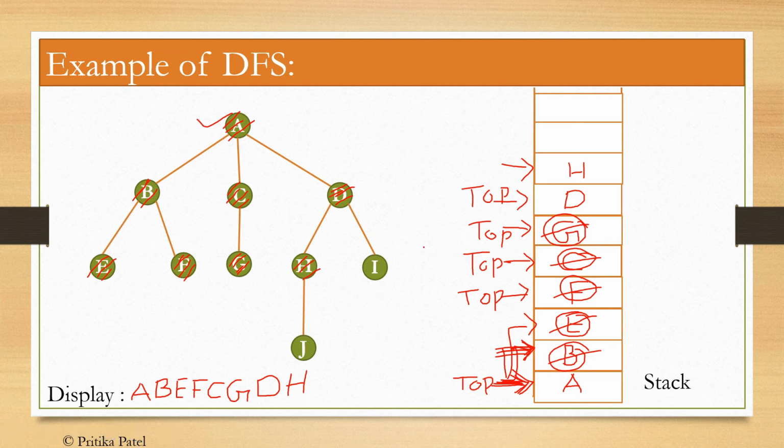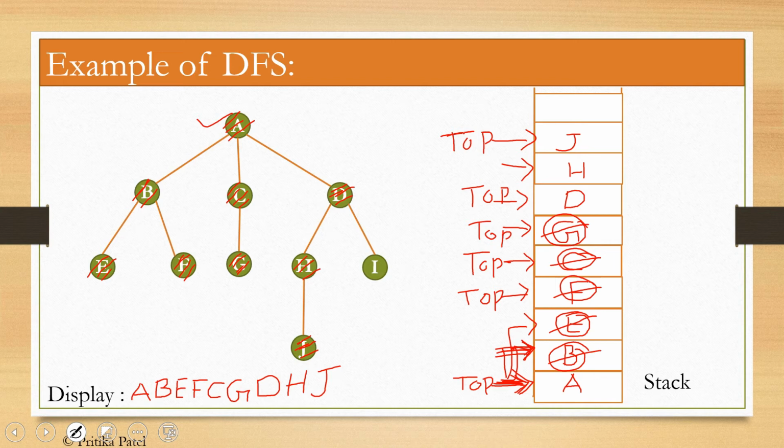Yes, there is an adjacent unvisited vertex J, right? So visit this vertex J and mark it as visited, then push it into the stack. So J is pushed into the stack and J is displayed, right? So now this J becomes the top.